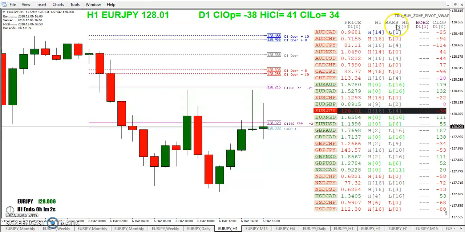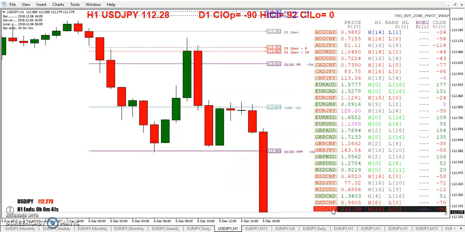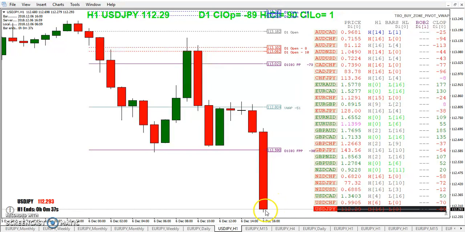And the bars, high, low, H1 bars. This is how many bars ago the pair made the high of the day and the low of the day. So you see here in green means it made the high this bar. Red means it's making the low this bar. So you can see right here, dollar yen is making the low right now.